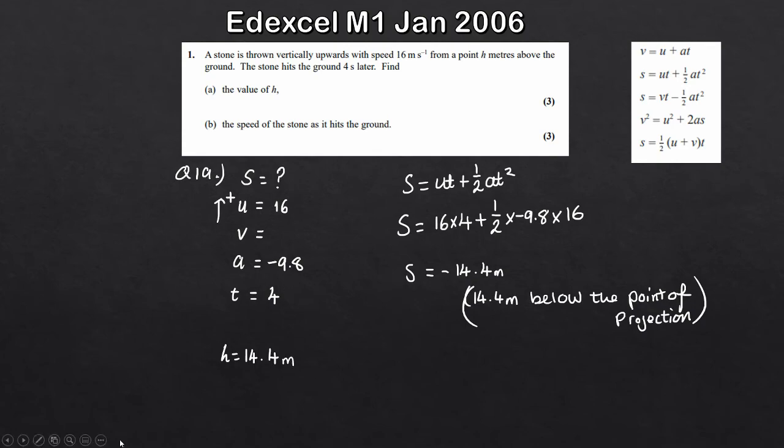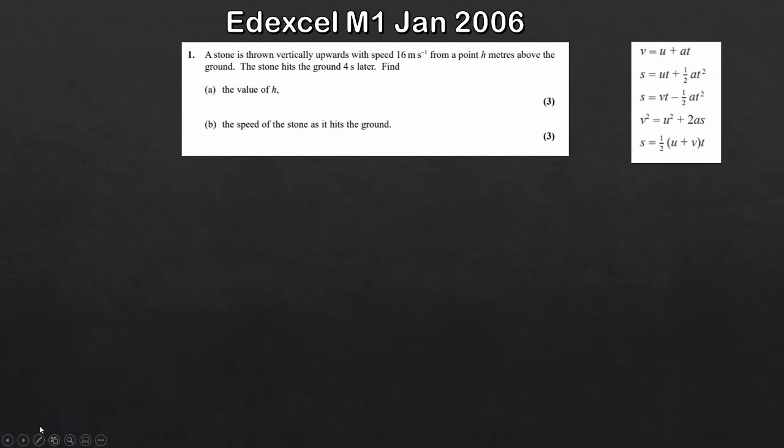So again, let's write down our SUVAT again. It gets quite tedious, but it's good to be quite rigorous with this. So we want to find the speed of the stone as it hits the ground. So we write everything out again. S, U, V, A and T. So what information do we have? Well, we don't know S, we're not given that in this part.